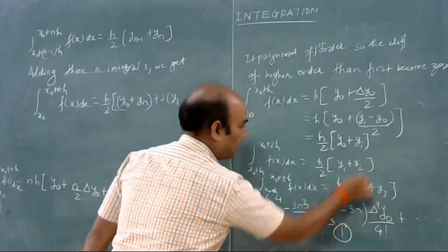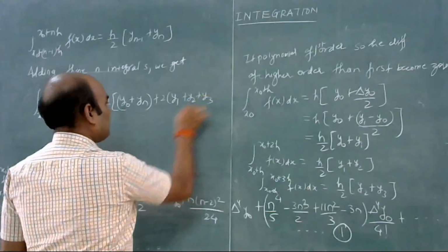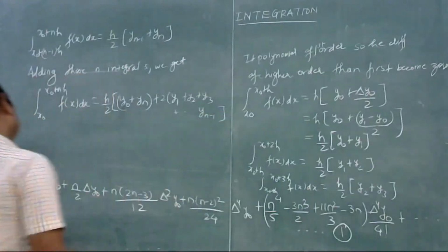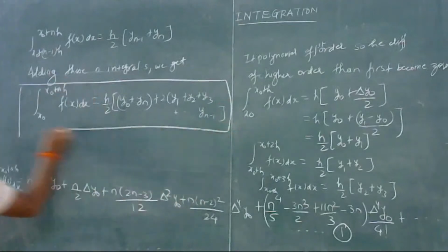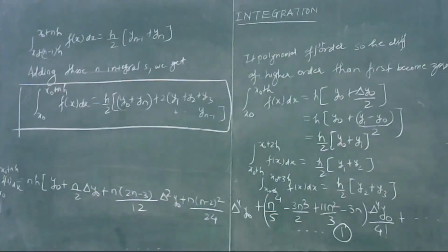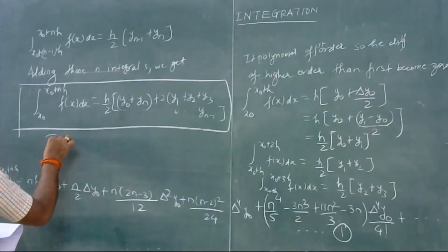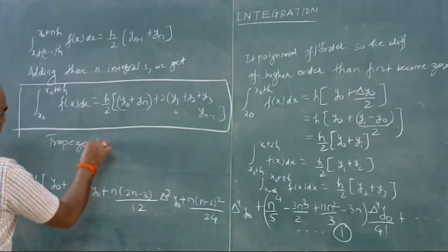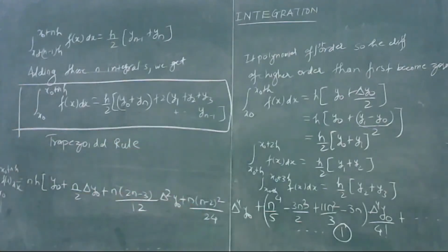Then y2 plus y2 will be 2y2, plus y3 up to y n minus 1. So this is the trapezoidal rule, which is derived from Newton-Cotes quadrature.